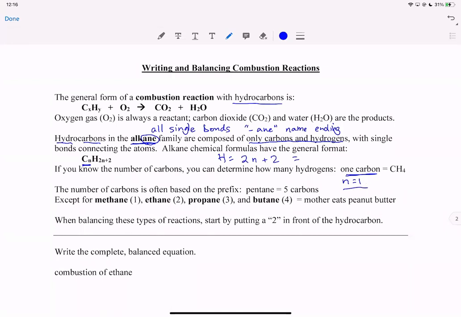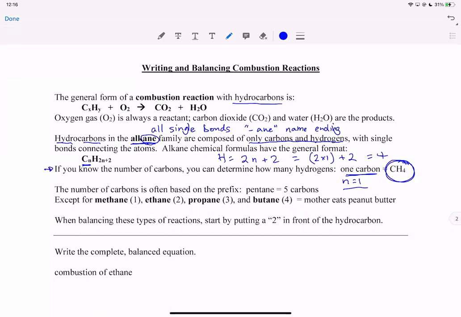So if you have one carbon, this is going to be 2 times 1 plus 2, which is 4. That means 4 hydrogens, and that's how you get the chemical formula CH4. The one carbon does not need a 1 subscript because just having the element symbol C is 1. And then the H has the subscript 4, which we calculated as the number of hydrogens.